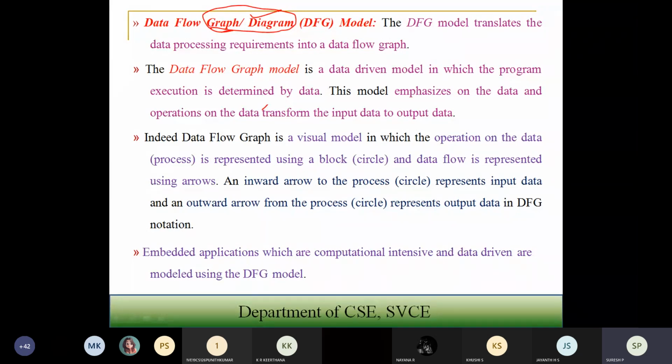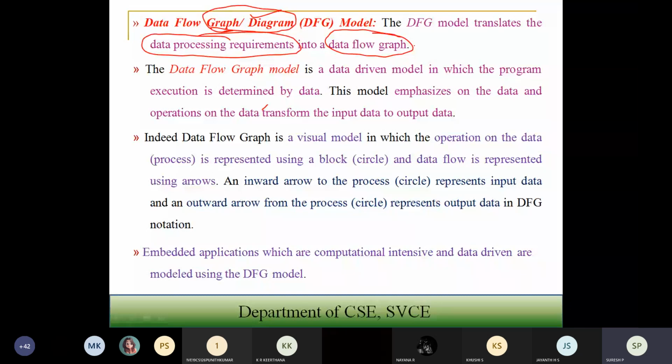So here, the data processing requirements you have when you are building your embedded system will be translated into, or represented in terms of, a data flow graph.